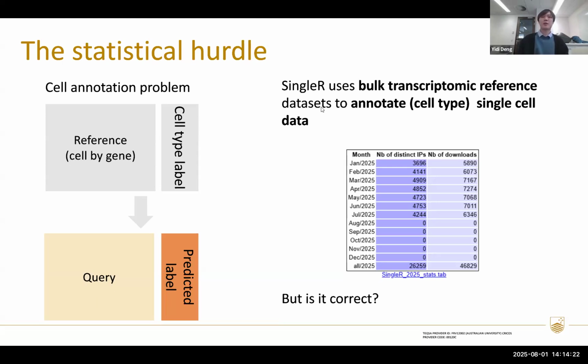If you have any experience in single cell data analysis, you must have heard about the SingleR package, which uses bulk transcriptomic reference data sets to annotate single cell data.